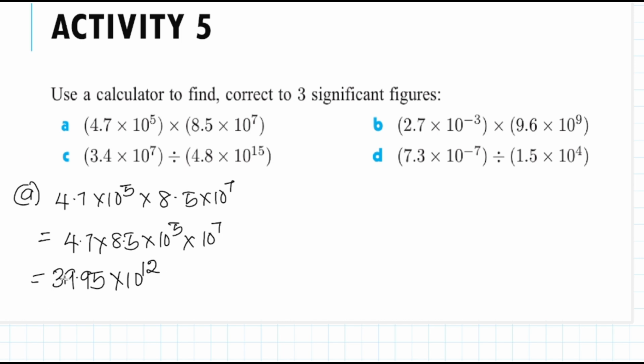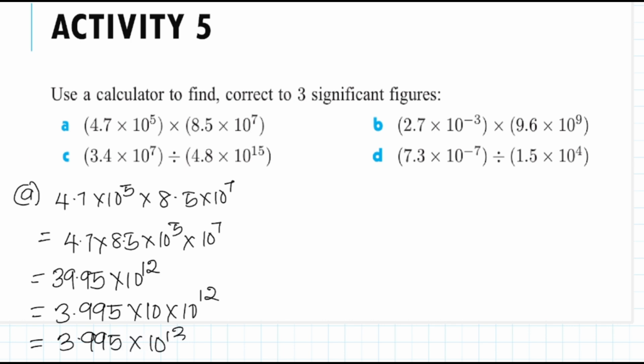Okay, so 39.95 is not in standard form. Changing it to standard form, we have 3.995 times 10 times 10 raised to the power 12, and then the final answer will be equals to 3.995 times 10 raised to the power 13, and that is the final answer.